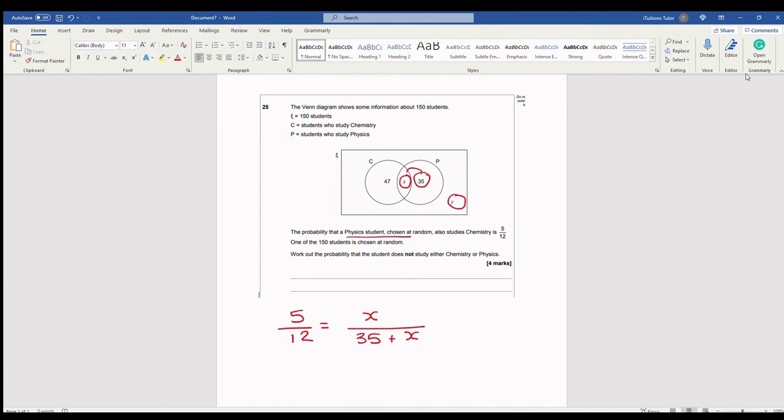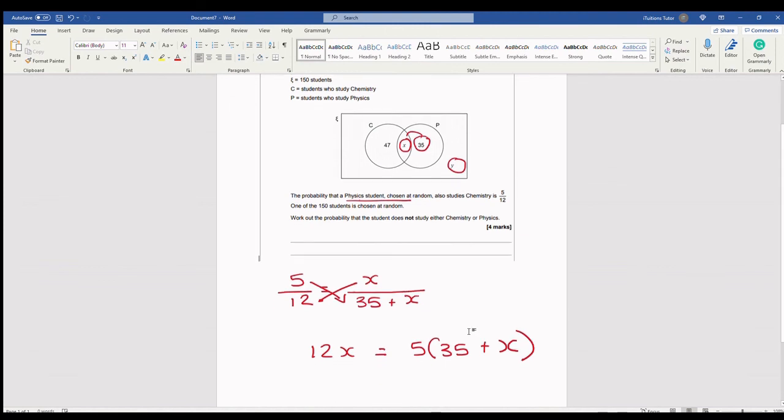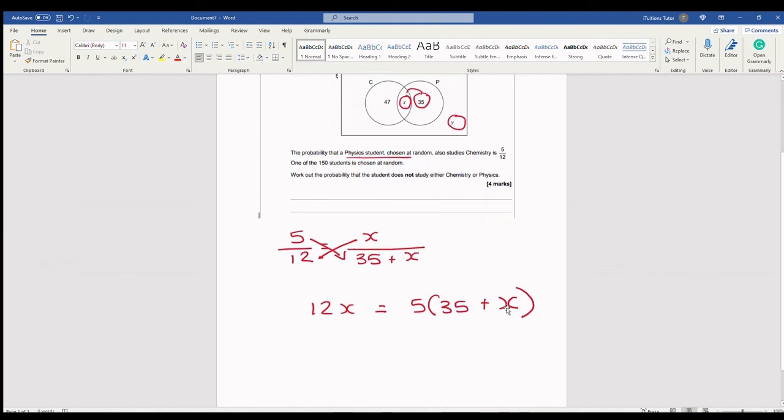We now need to cross multiply this equation. So we will multiply 5 by the 35 plus x, and then we'll multiply the 12 by the x, which will be 12x equal to 5, and in brackets 35 plus x. We now need to multiply this bracket.